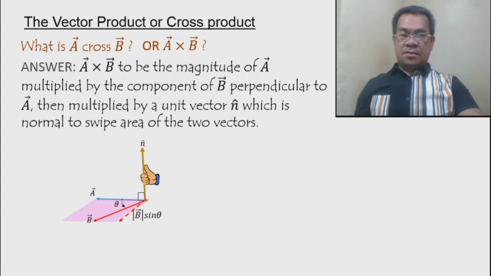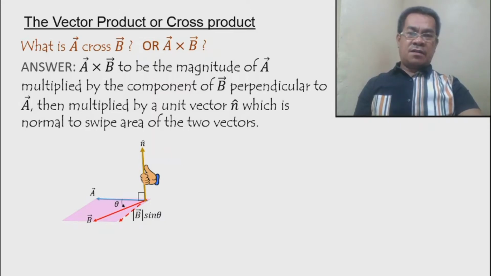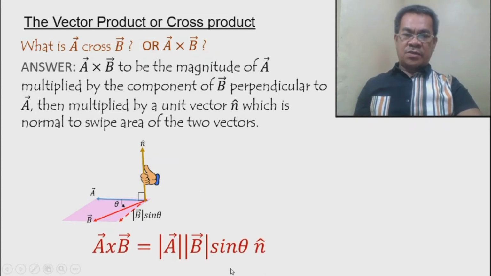Okay, so that's it. So therefore, the cross product is actually a vector. Why? Because it is moving in the direction of the normal hat. So therefore, this will be the formula.